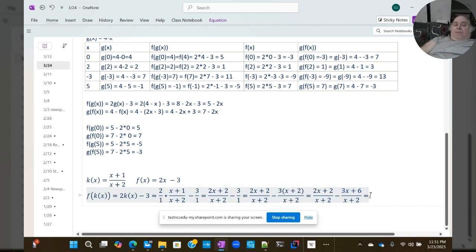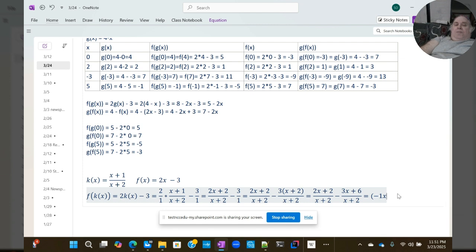So this is going to be 2x minus 3x and 2 minus 6. Well, 2x minus 3x is minus 1x, and 2 minus 6 is minus 4. And we'll divide that by x plus 2.